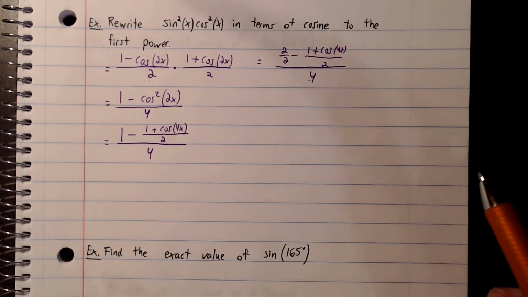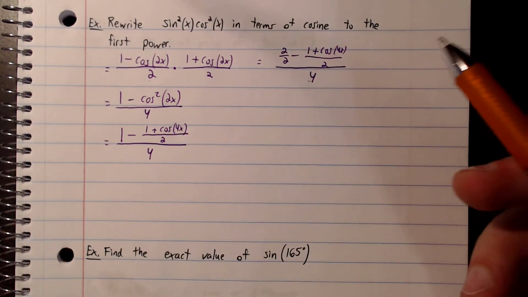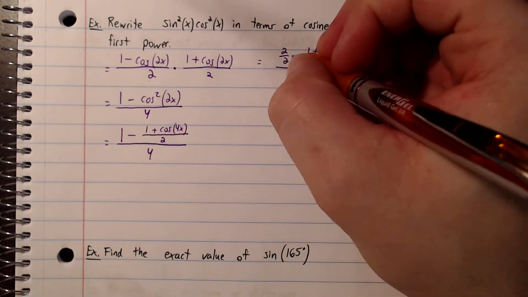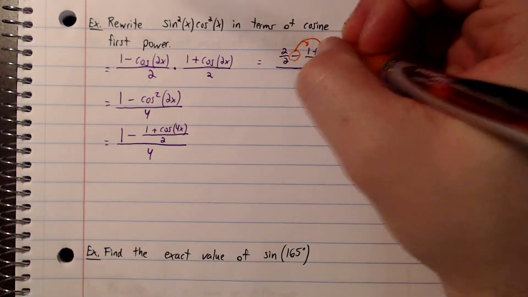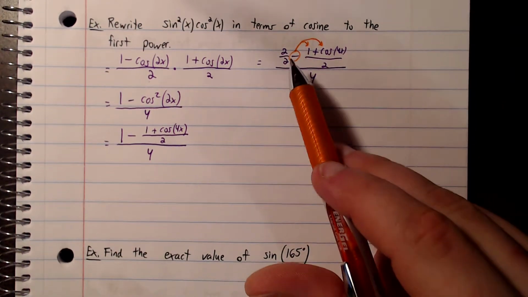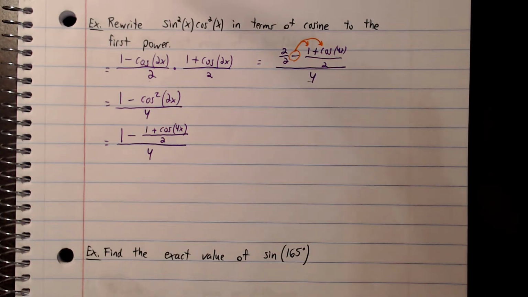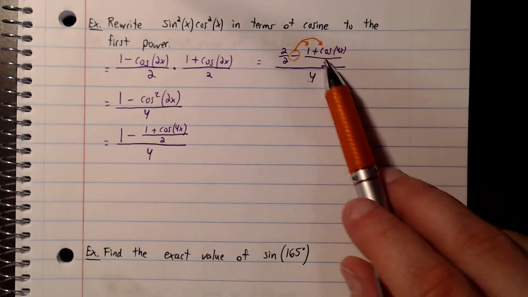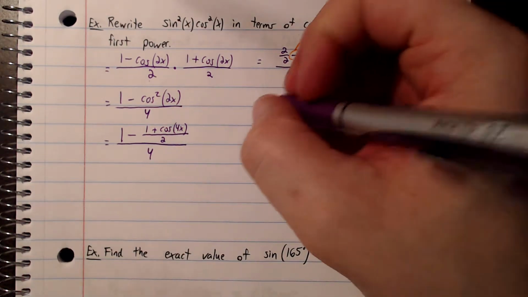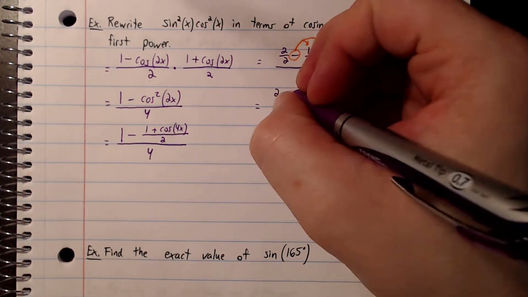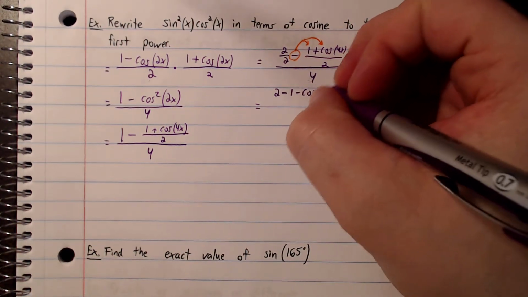And this is easy to miss because of the fact that we have this ugly looking fraction thing happening here. This negative has to distribute to both terms. And that's easy to miss because we're not used to working with something as funky looking as this. So we have to make sure that when we do our subtraction that negative sign hits both of those values. So we've got 2 minus 1 minus cosine of 4x.